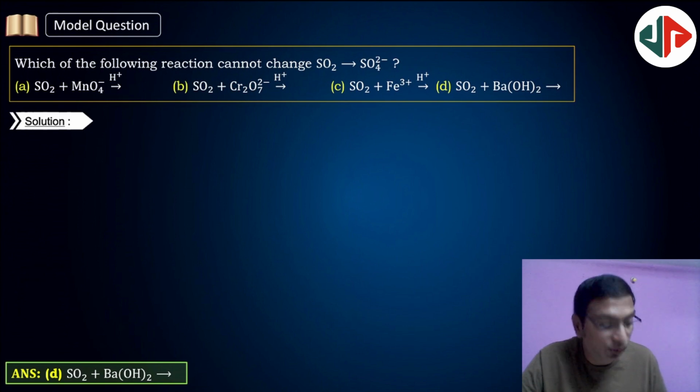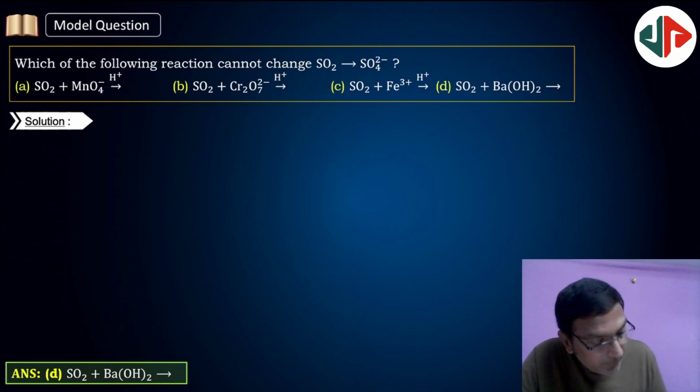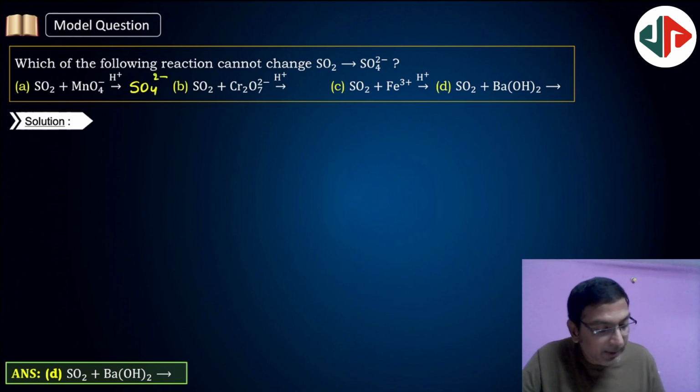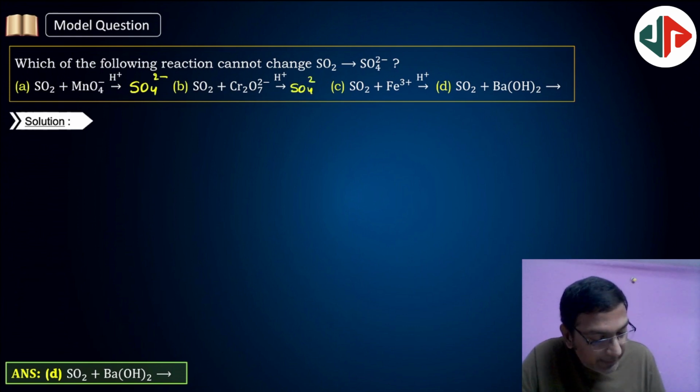Therefore, SO4 2- will be formed. Next, here also Cr2O7 2- oxidizing agent. SO4 2- will be formed. Next, Fe3+ also oxidizing agent. Therefore, it can also form SO4 2-.